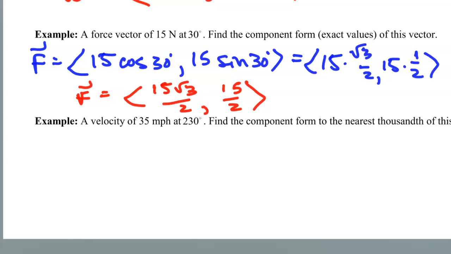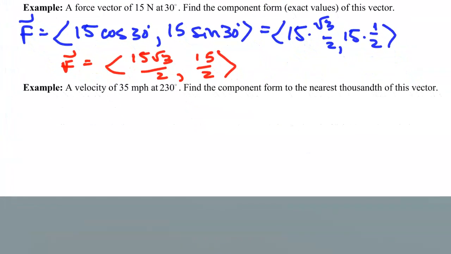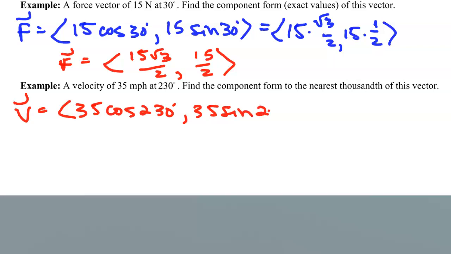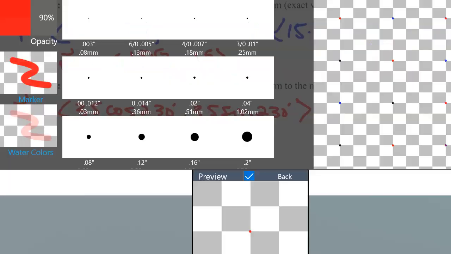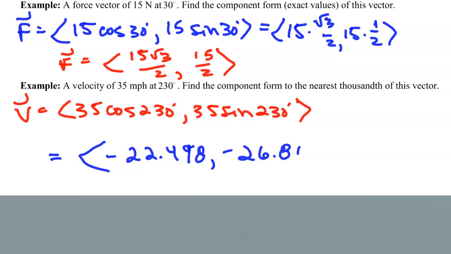The next one, I just want you to go to thousandths, 3 decimal places. So vector v is 35 cosine 230, 35 sine 230, and when I'm done, I get it equal to negative 22.498, comma, negative 26.812.